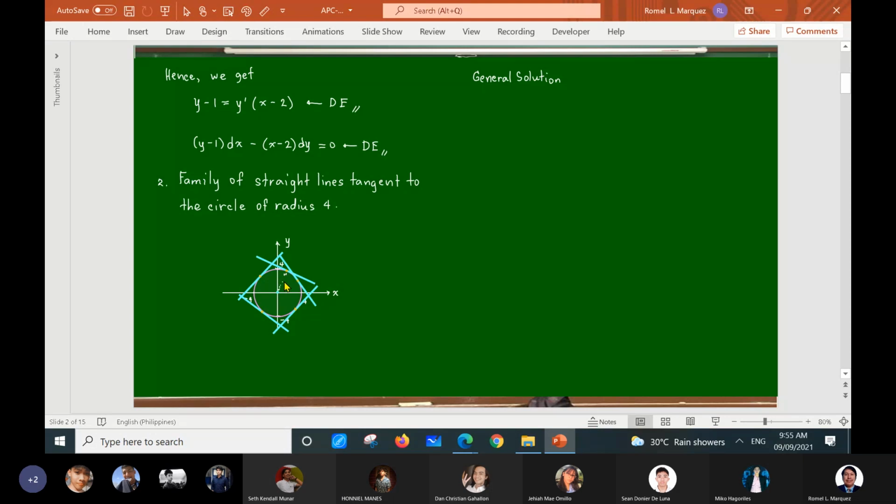This is 4, this is also 4, this is also 4, right? So what reminds you of that standard form of a straight line dealing with distance from a point, from the origin? Do you still remember, guys?